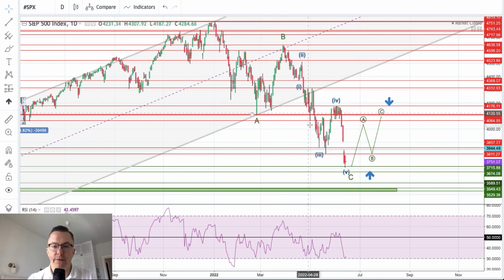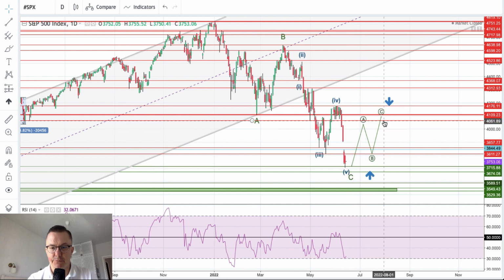This big wave here, as you can see, a recent low was made at 3,704, which is just in line with the technical support, and this might be the end of wave 5. In the same situation, this 5 wave move to the downside might be the bottom for wave C as well. So the overall correction A, B and C might be completed, and we should wait for the bounce.